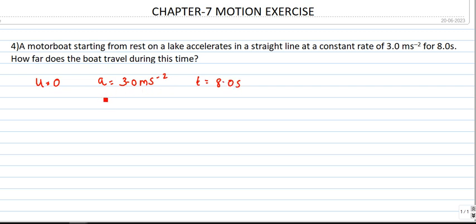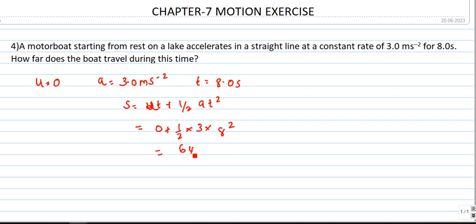So now we have to find the distance travelled by the boat. For this we use the formula s is equal to ut plus half at square. So your u here is 0 plus half into a is 3 and t is 8 square.